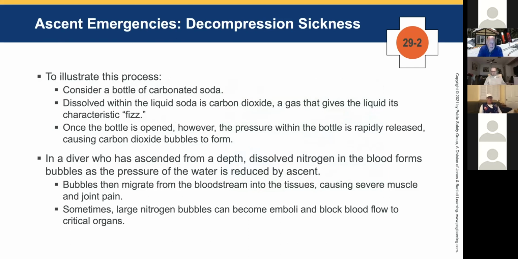In a diver who's ascended from depth, dissolved nitrogen in the blood forms bubbles as the pressure of the water is reduced by ascent. Bubbles migrate into the bloodstream and into the tissues, causing severe muscular and joint pain. Sometimes large nitrogen bubbles can become emboli and block blood flow to critical organs. A lot of words here, but serious stuff.